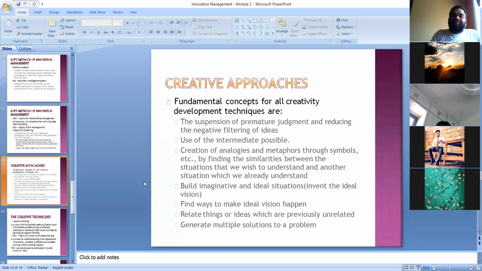Next: relate things or ideas which are previously unrelated.